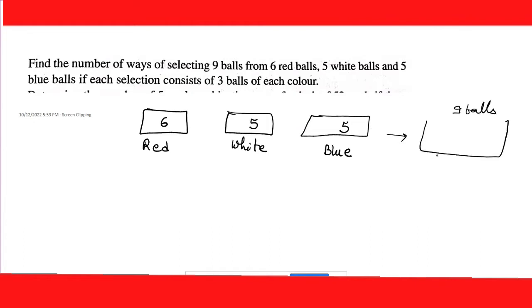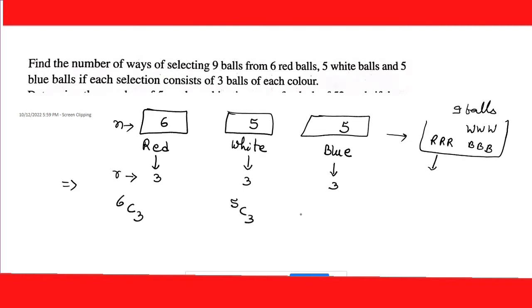But we have to be careful that we keep 3 balls of red color, 3 of white color, and 3 of blue color. So we have to choose 3 balls here, again 3 balls here, and again 3 balls here. So n is this, r is this. We get 6C3, 5C3, and 5C3, and you have to multiply them. In this way, we easily solve these questions. Now use the formula.